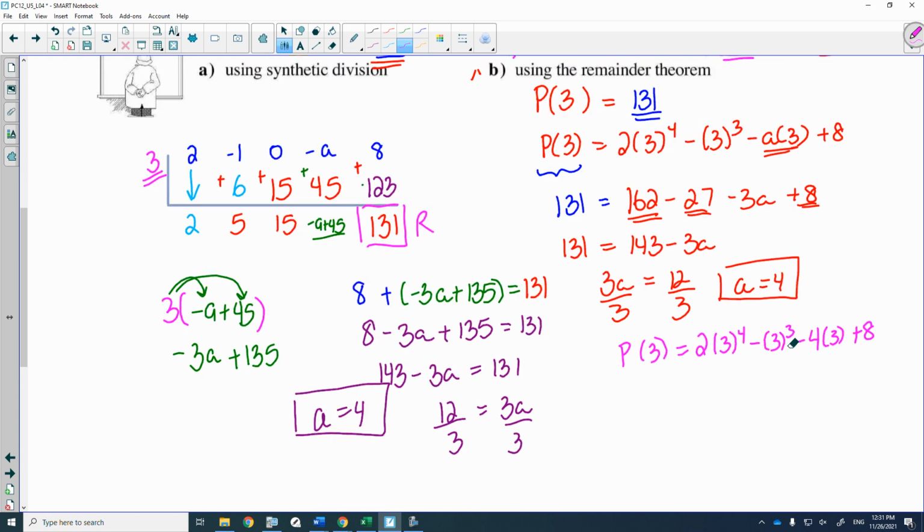If you input this on your calculator, p of 3 is going to equal the remainder, and the answer that you will get is 131. So that's what the remainder theorem is.